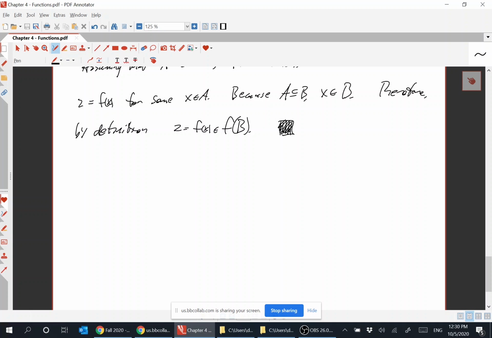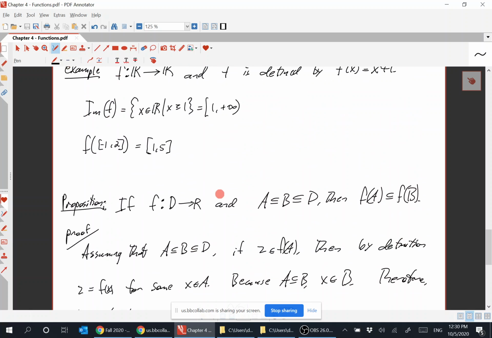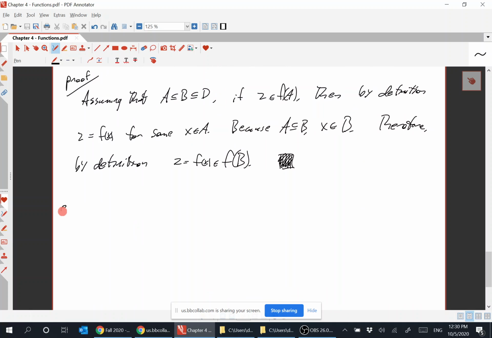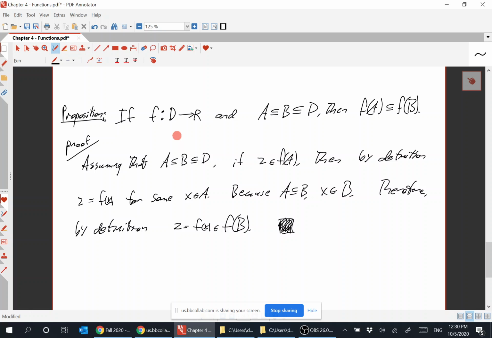Now suppose the following. Oftentimes in math we do the following.